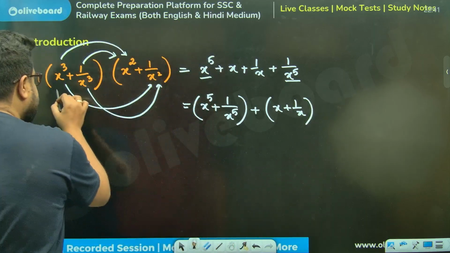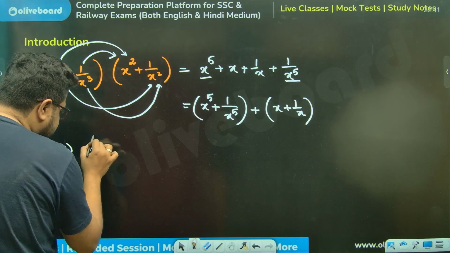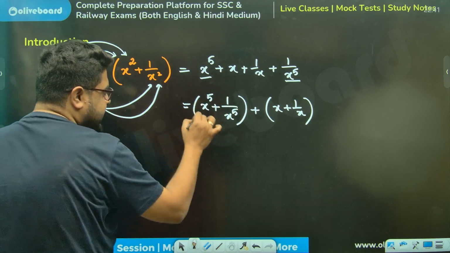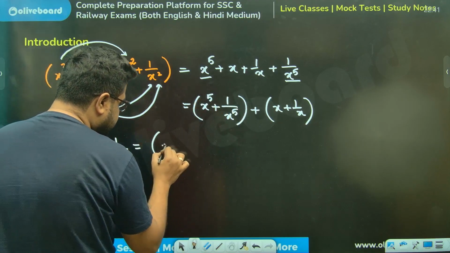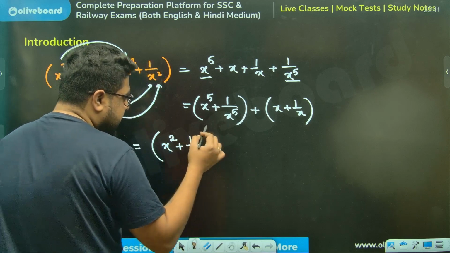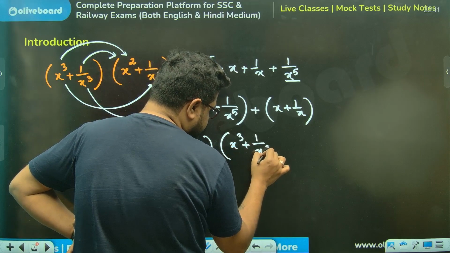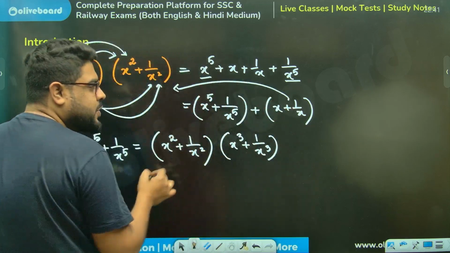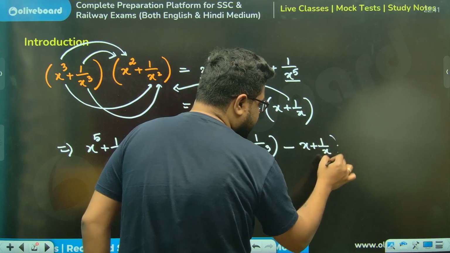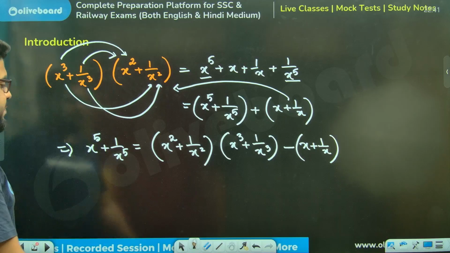What is this? This is equal to this. So next line, can I write? Acha, that means x to the power 5 plus 1 by x to the power 5, meaning this one is equal to x square plus 1 by x square into x cube plus 1 by x cube. And this will come this side, so it will become minus x plus 1 by x. Can I simply say this, sir?